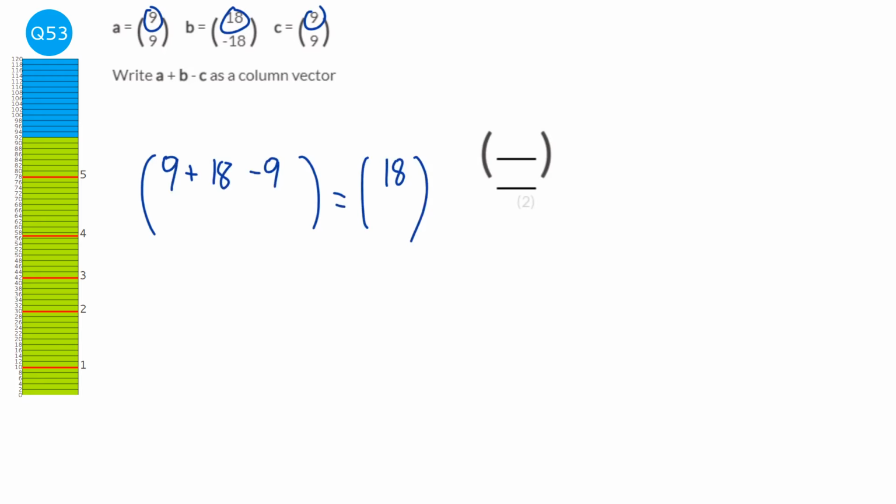And the bottom will be 9 plus minus 18, so really minus 18, and minus 9, and so that will be minus 18. So our column vector will become 18 minus 18.